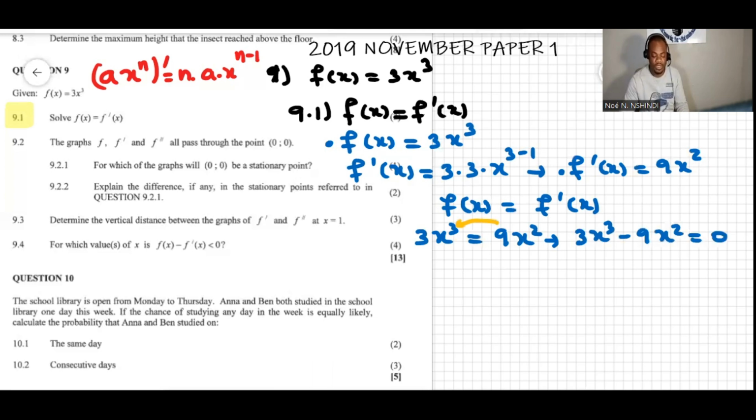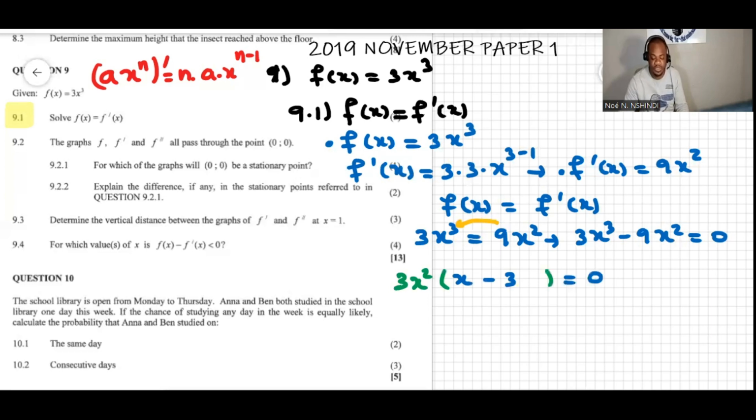Now over here I'm going to take a common factor between the two terms. We can see that 3x squared is a common factor, and then in the bracket it's going to be x minus 3, and that's equal to 0.